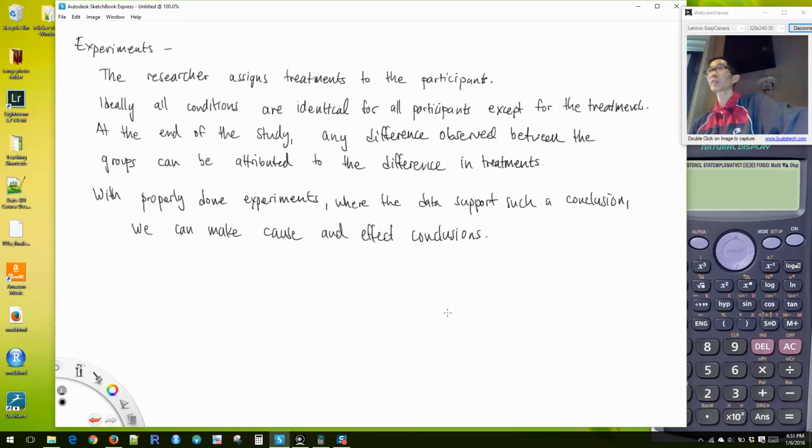Okay, and we have all sorts of tools. We try to do blinding, and we also use placebos. These are used to help the set of conditions be identical for all of our participants.